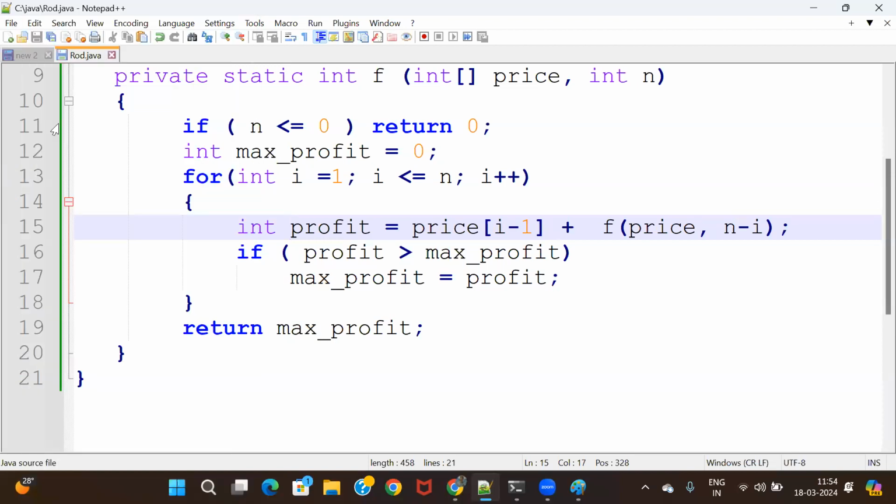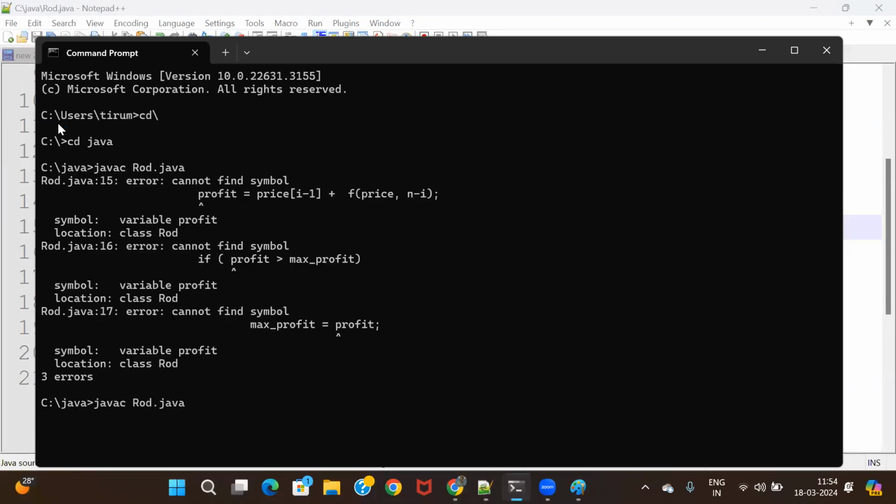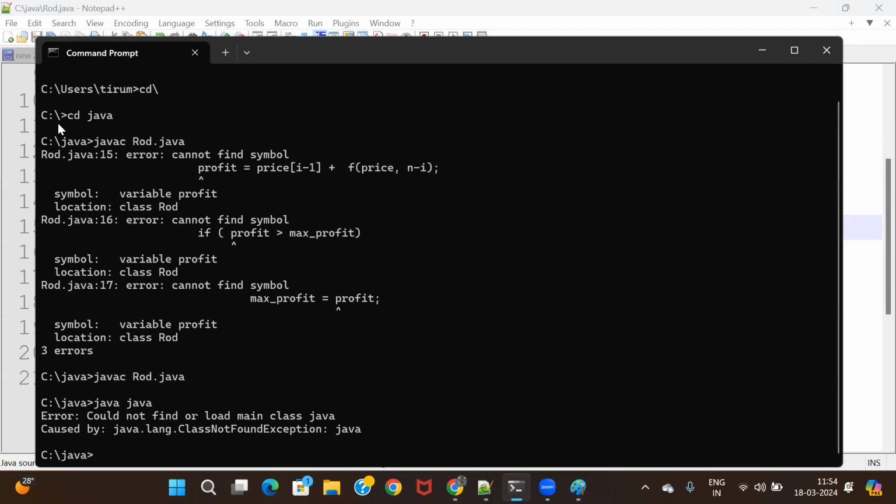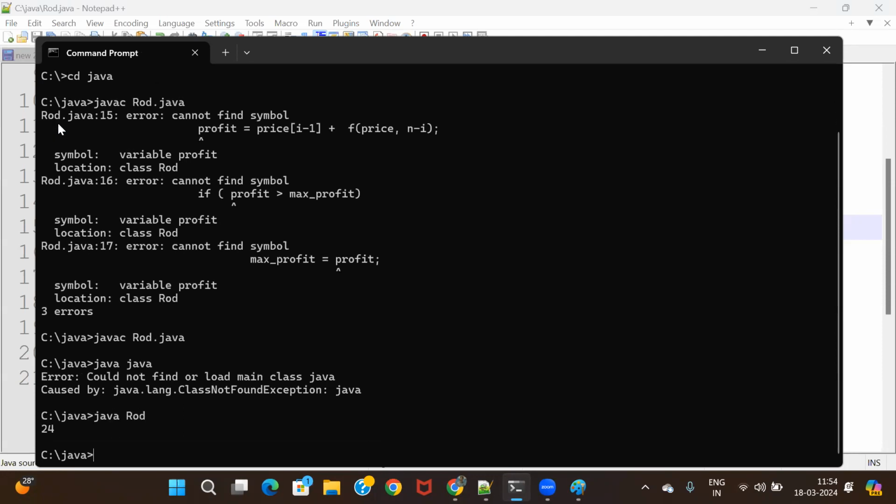Save, compile, and execute using the Java runtime environment. Not found, sorry, the name is Rod.class. 24.